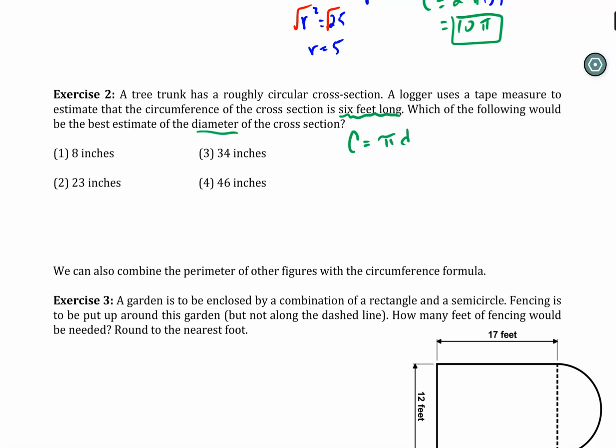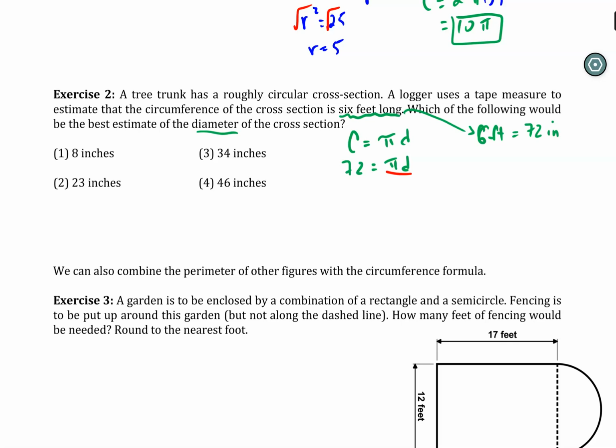So it would be best to say 6 feet is equivalent to 72 inches, because there's 12 inches in every foot. If I multiply 6 by 12, I get 72. So I'm going to plug in 72 rather than 6. This way, when I solve, I don't have to do any conversions later on. If you wanted to solve it in feet and then convert at the end, you'd be fine there too.